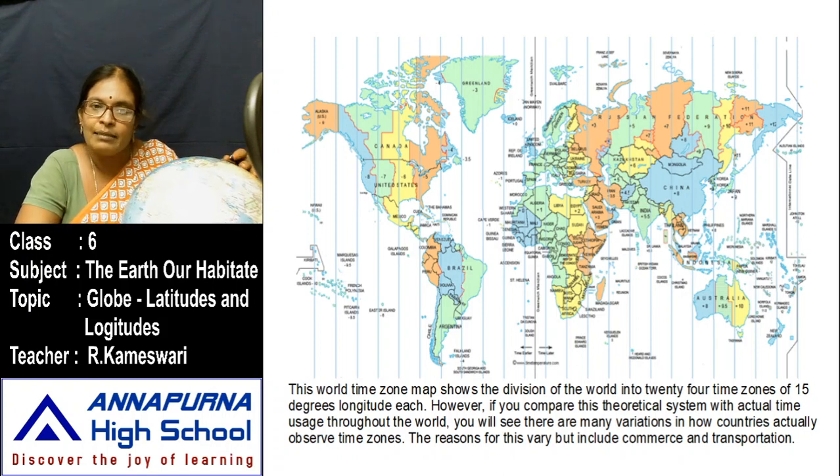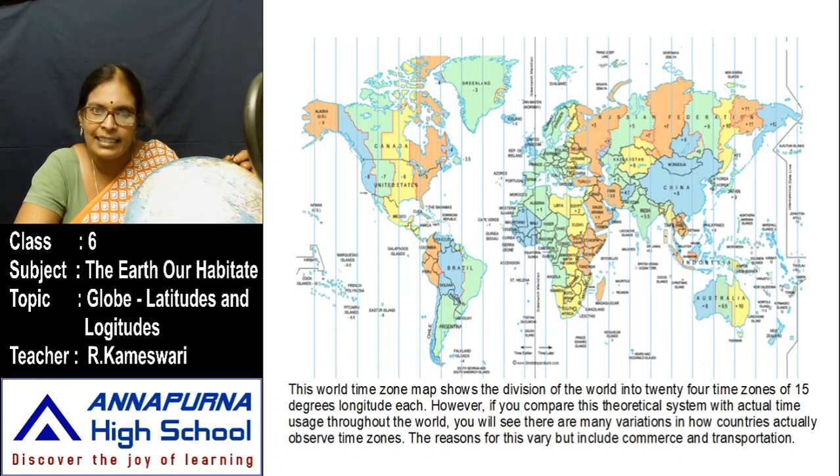What is our prime meridian? Our country's standard meridian is 82.5 degrees east meridian. How much is the distance from Greenwich to our India? It is 82.5 degrees.